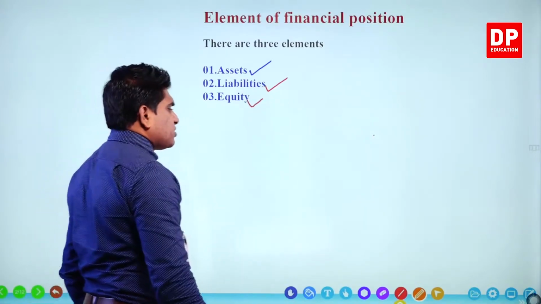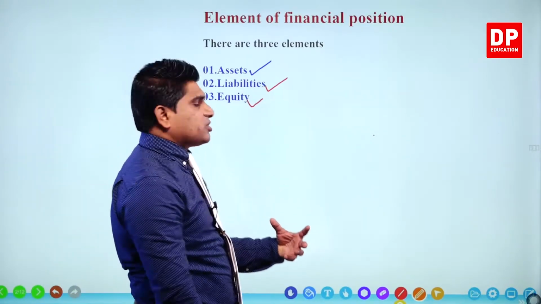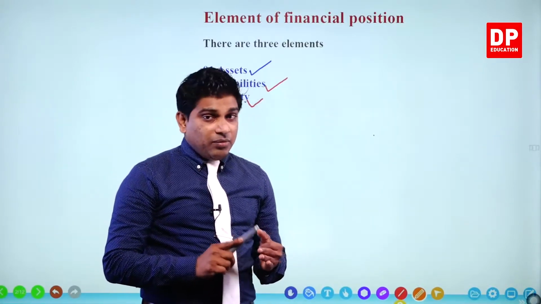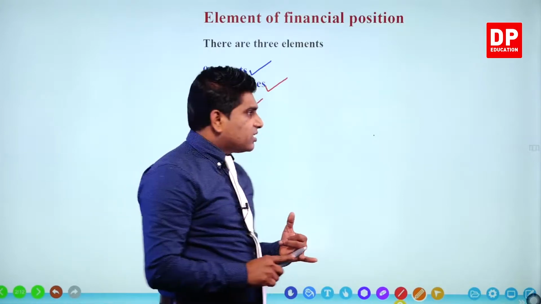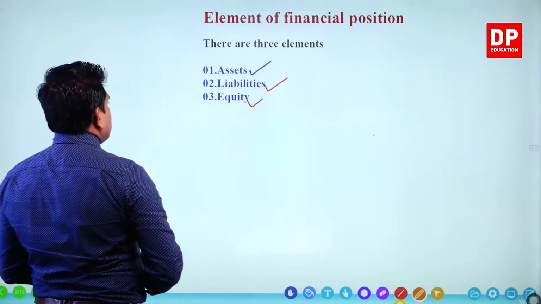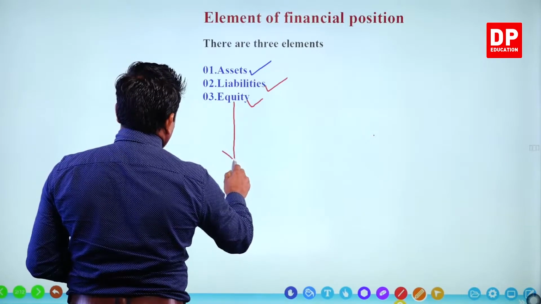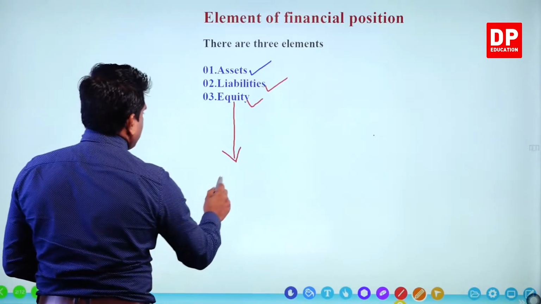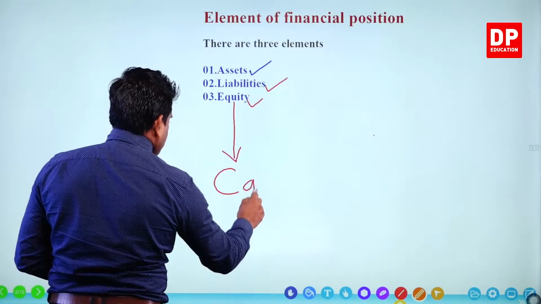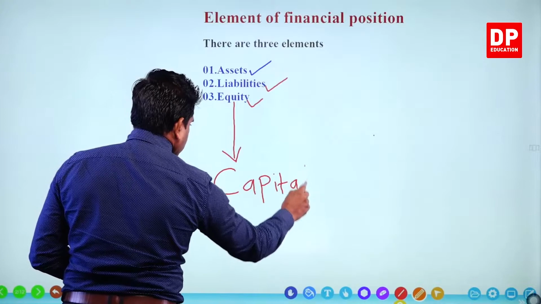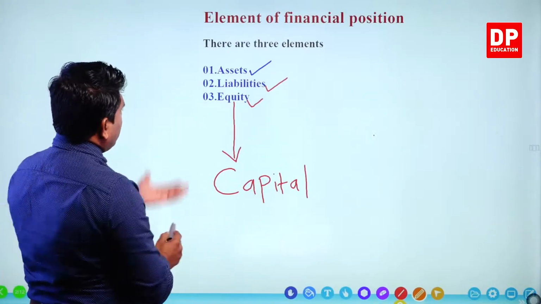There are three elements of financial position. What are they? Assets, capital and liabilities. Capital means equity. Same thing, right? Hereafter, if you want, you can use the word capital. Same thing. Capital. That is capital.